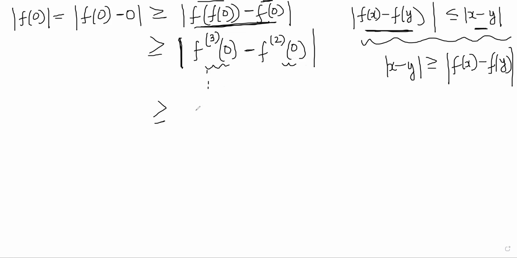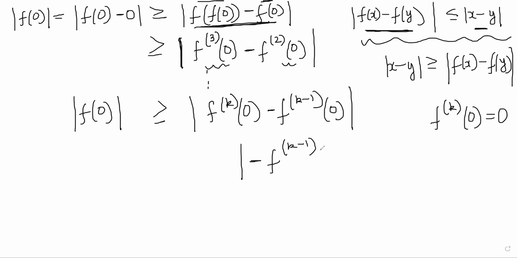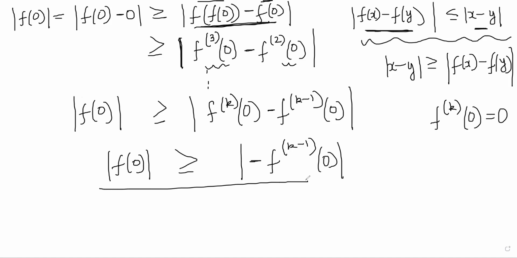So you can eventually say that this is greater than or equal to f^k(0) minus f^(k-1)(0), right? And now according to the problem, we have assumed that f^k(0) is 0, right? So this becomes minus f^(k-1)(0). We are getting this result, right? Great.